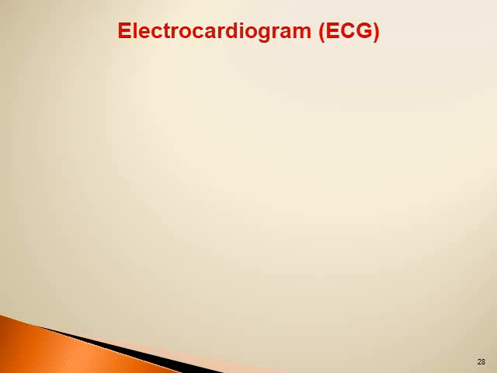Electrocardiogram, or ECG, is an electrical recording from the surface of the body, and it records the electrical activity of the entire heart, not one autorhythmic cell and not one contractile cell, but the electrical activity of all cells of the heart, autorhythmic cells and contractile cells, at one point of time.